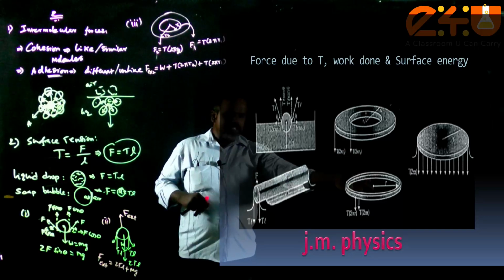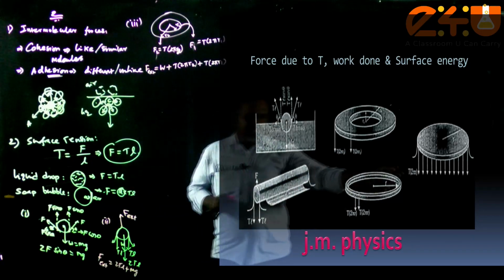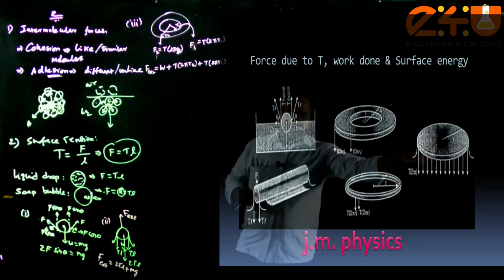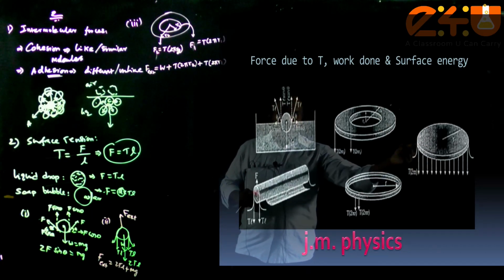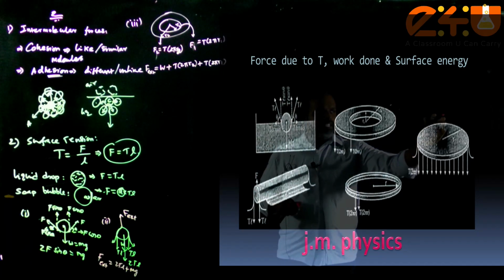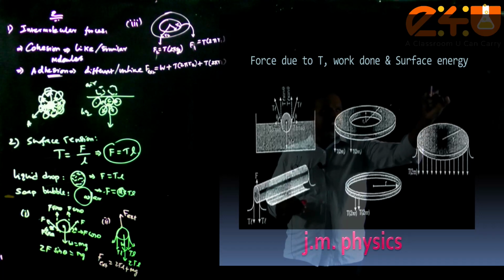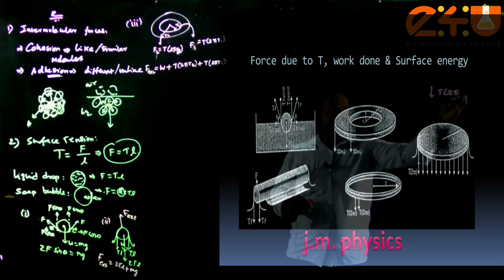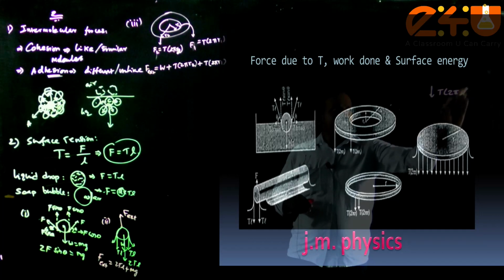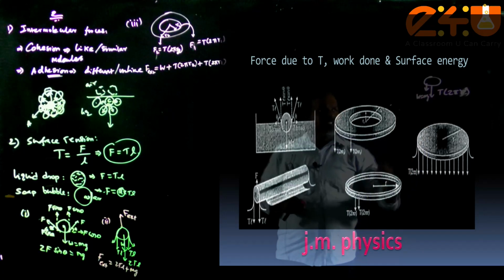In the same manner, this was for the circular ring and that is for the circular disc. In the case of a circular disc, it has only one free surface, that is the outer boundary, because the inner radius becomes 0. Therefore the net downward force due to the surface tension is T into 2 pi R, and the weight W equal to mg also acts on this.